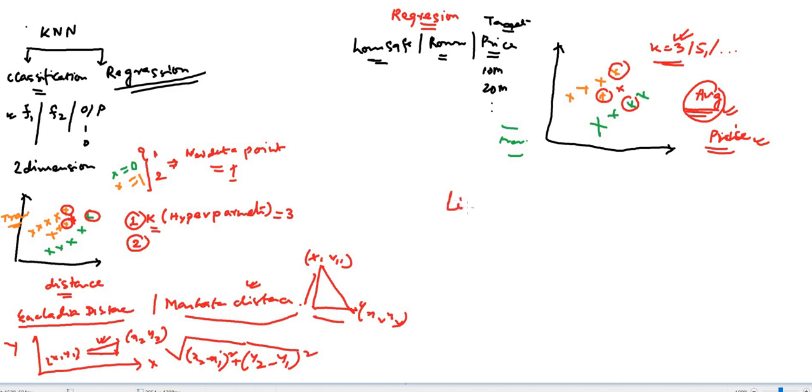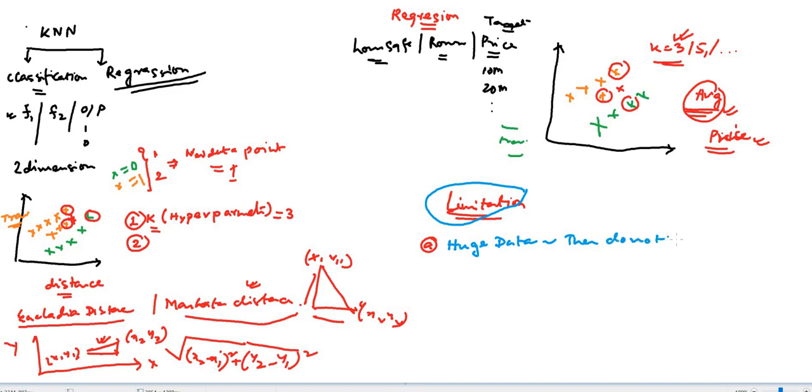Now, another thing which is important: the limitations of this algorithm. This algorithm is very powerful, but it has a few limitations. Always try to remember these limitations when you work on this. This limitation part is important. First thing is, if your data is huge, then it's a problem.